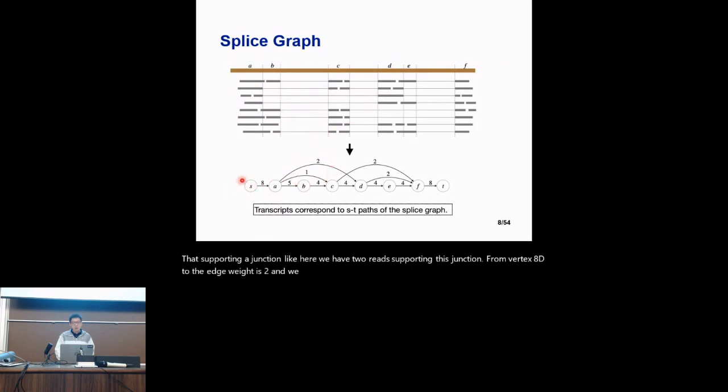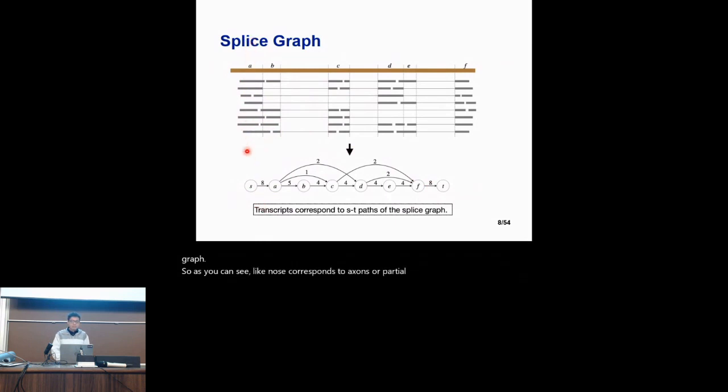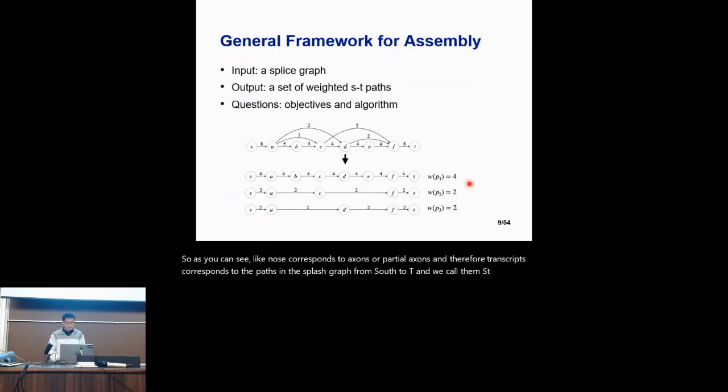We also add a source vertex S and a sink vertex T to the splice graph. As you can see, nodes correspond to exons or partial exons. Therefore, transcripts correspond to paths in the splice graph from S to T, and we call them ST paths.